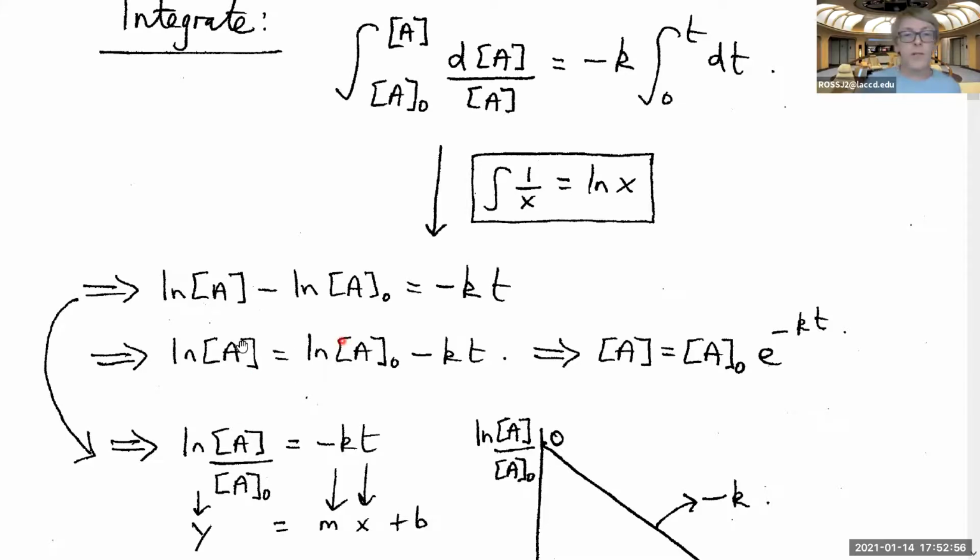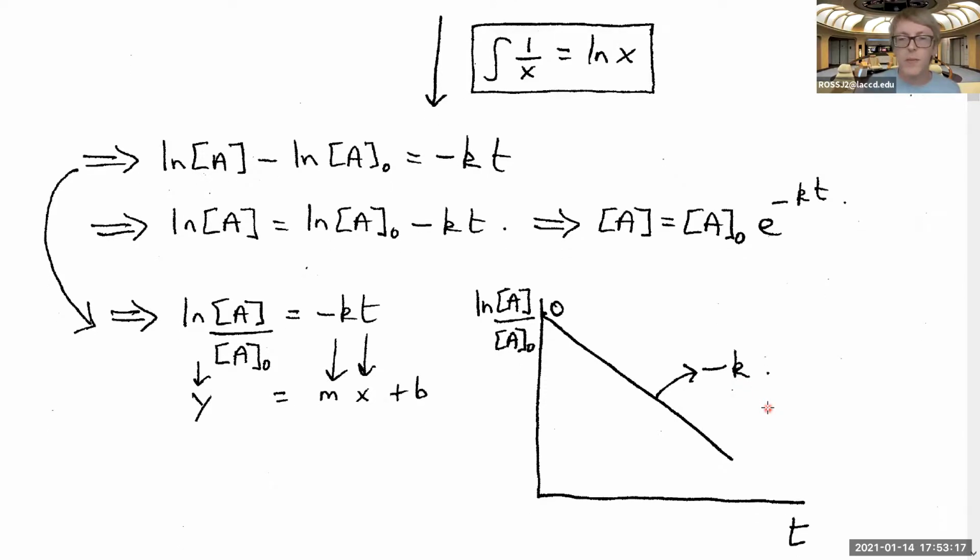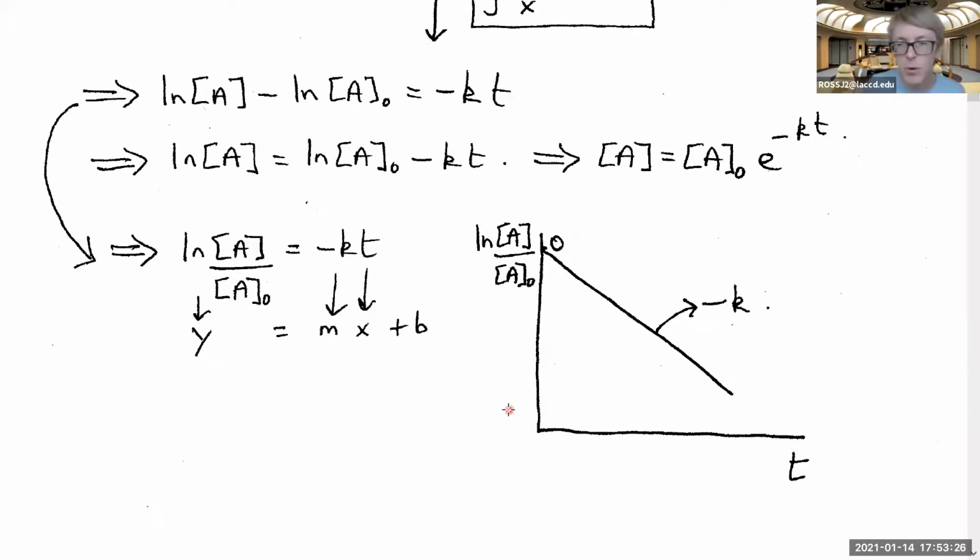So the subtraction of logs is just the log of the division. So there's a couple of different ways you can plot this. But either way, you can get a straight line expression where the slope will give you minus the rate constant in a way very similar to our zero order rate law. And you can plot these on a spreadsheet and get some pretty nice looking data.